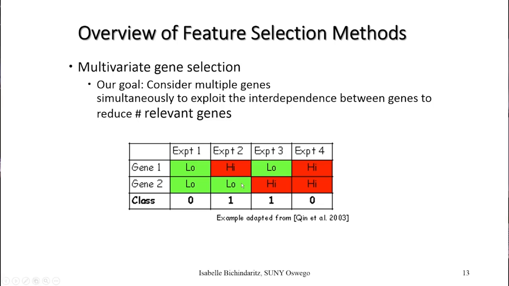You see that it doesn't have these two genes, 1 and 2, overexpressed. Overexpressed is red. Whereas together, it's pretty much an OR between the two. So here, if you have an OR, only one of the genes 1 and 2 that is overexpressed, you are in class 1. While if both are overexpressed or underexpressed, you are in class 0. So to do this kind of gene selection, you need to do multivariate gene selection.